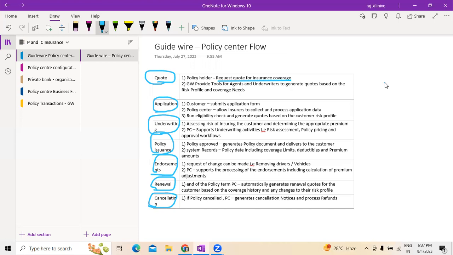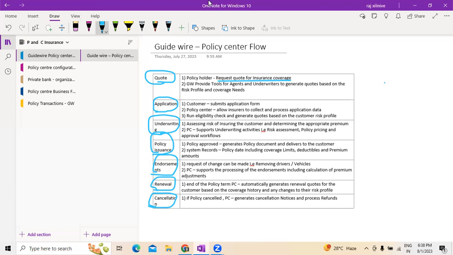That is how general insurance works. So a person who wants insurance for a particular purpose has to make a request and ask for a quote. This is the first thing that normally happens in the first process, which is called quote.